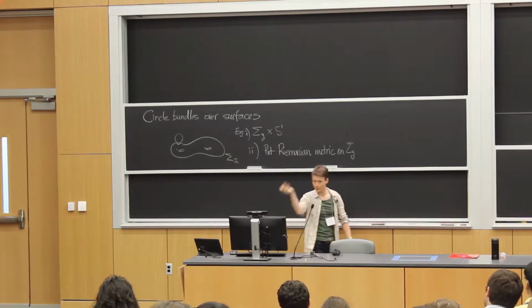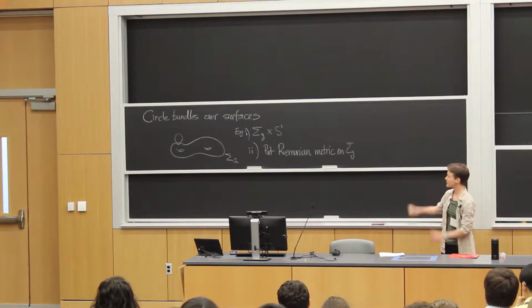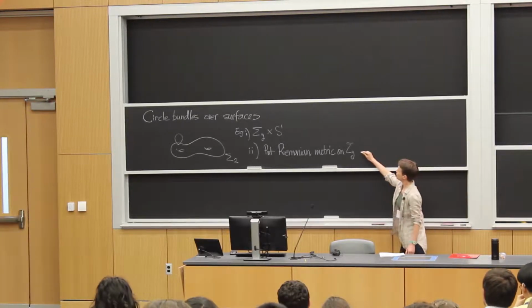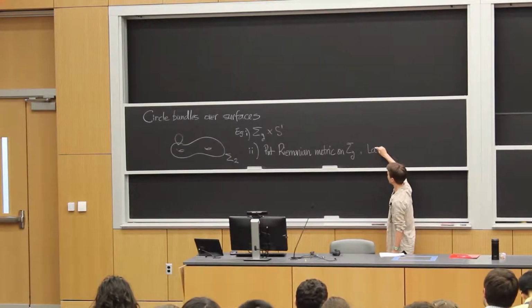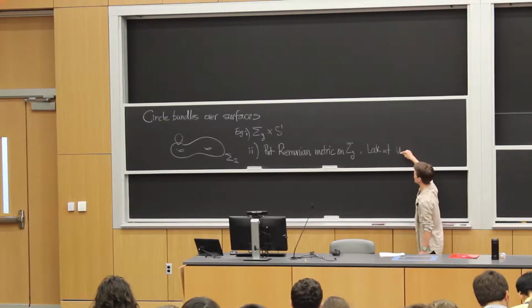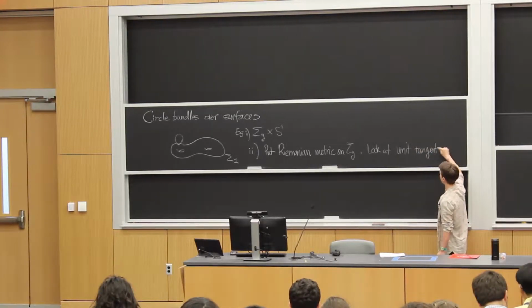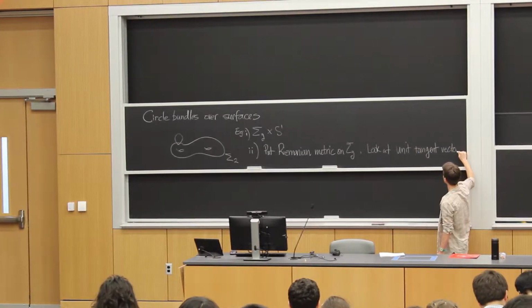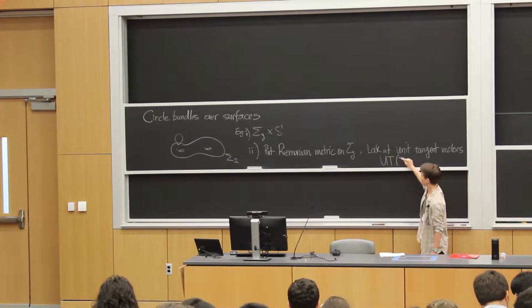If you are a hyperbolic geometer, maybe you want a metric of constant negative curvature, do whatever you want. And then look at the unit tangent bundle, or the set of unit tangent vectors at each point. This is denoted UT sigma g.